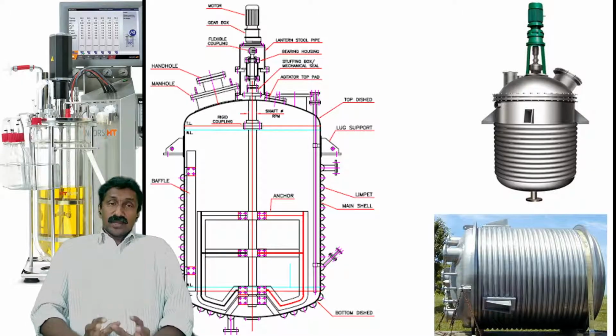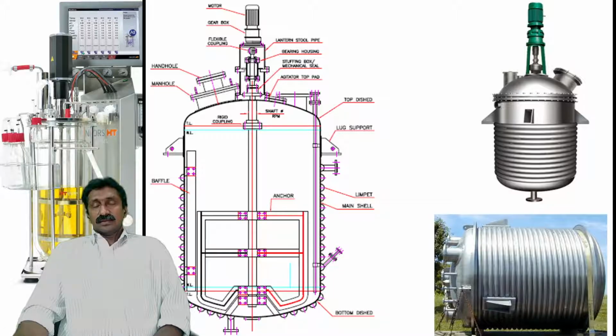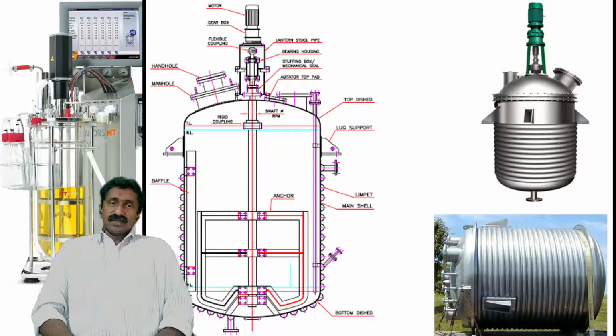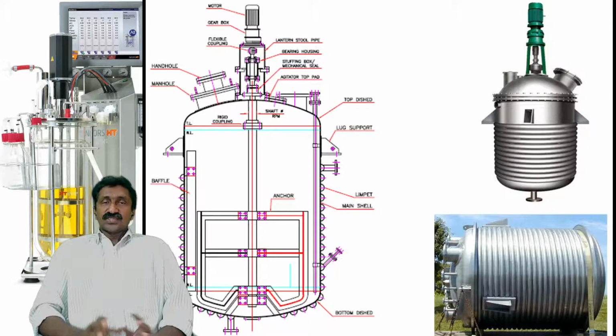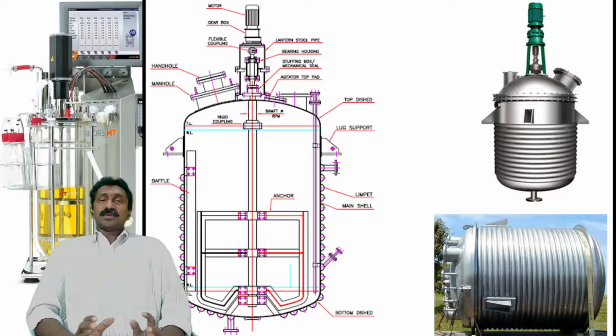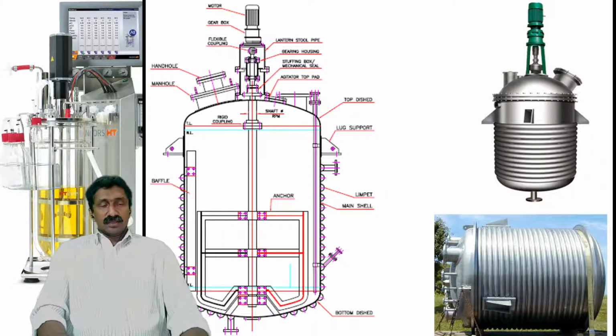So the flow rate of the coolant can be well regulated using this system, and that ensures the heat transfer efficiency of that limpet jacket. But the design of this system is a little bit more expensive compared to the other ones.